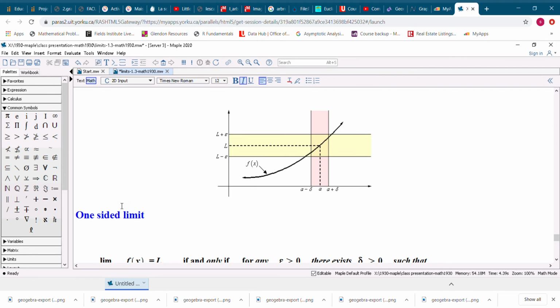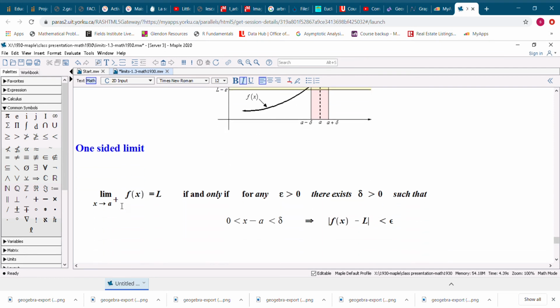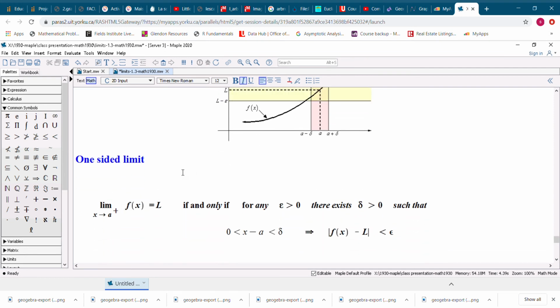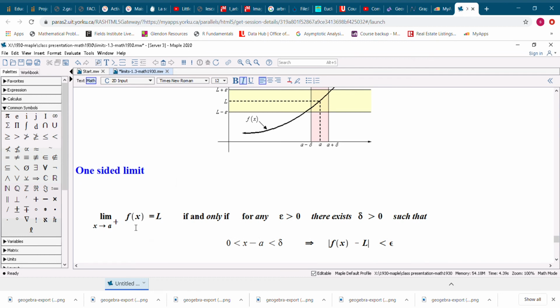One-sided limit, we can explain it also like that. We will say that the limit of f(x) is L if we stay on one side, to the right for example, of A: all the x's to the right of A in a small interval of size delta, the f(x), the images, will fall in this interval.